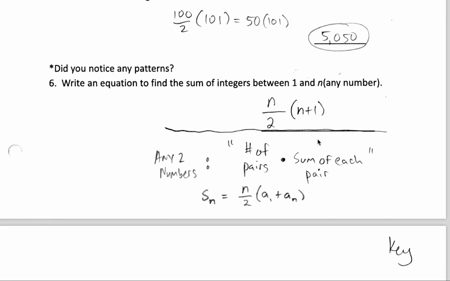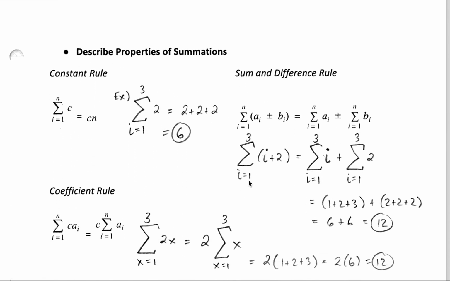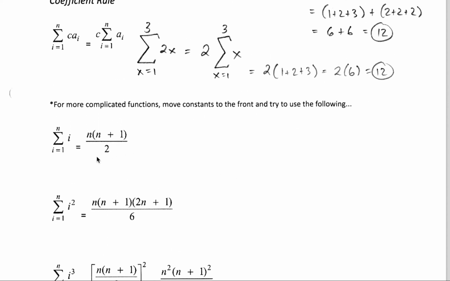That's just essentially what we said right here. Anytime we're just finding the sum of a linear function, we're thinking about that concept of taking the number of pairs in our interval and multiplying it by the sum of your pairs. So the number that we start with and the number that we end with. So this is exactly the same formula that we came up with on our warm-up.